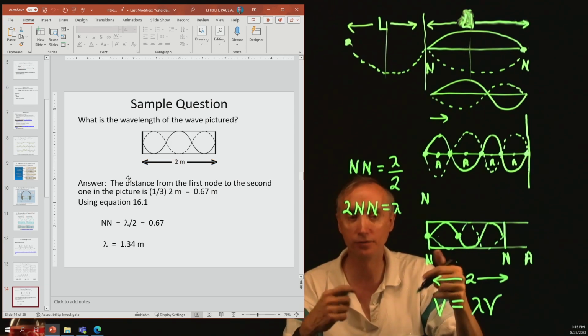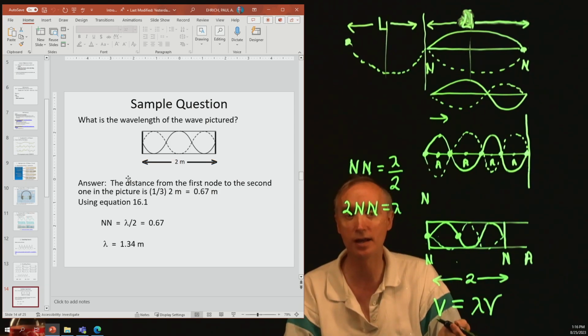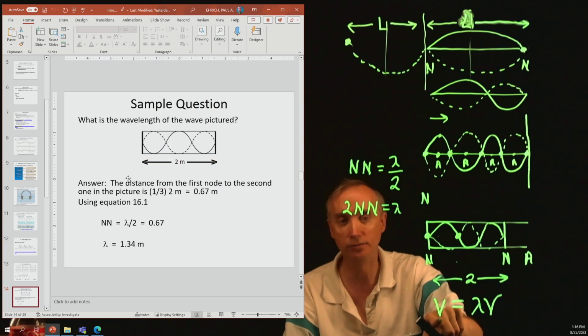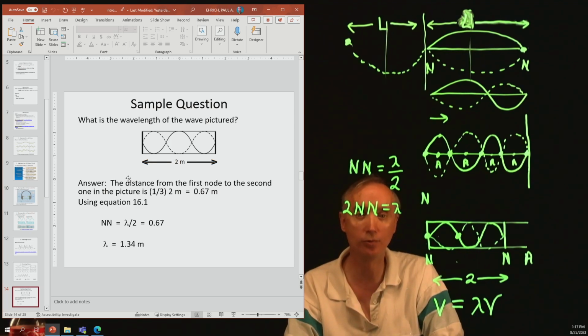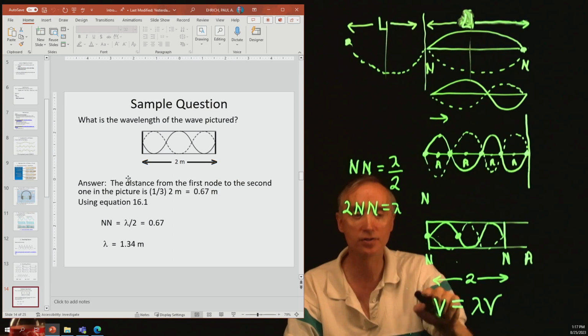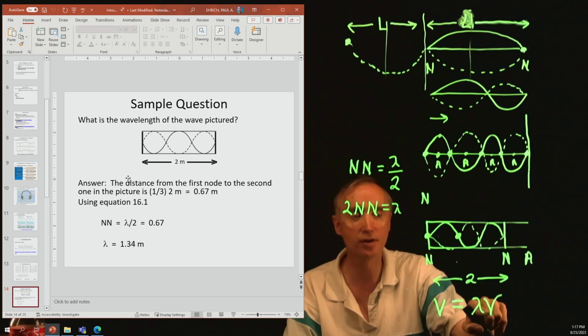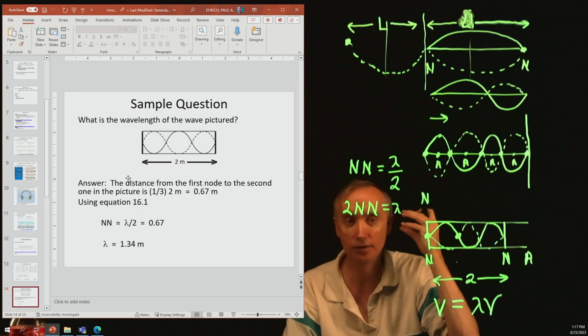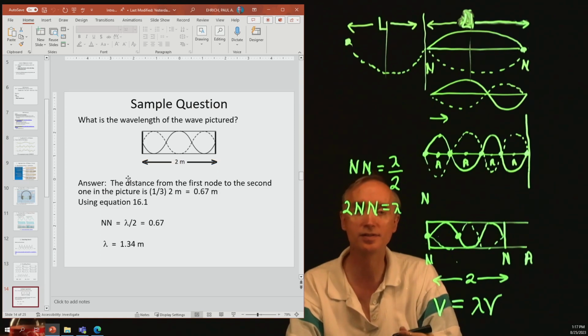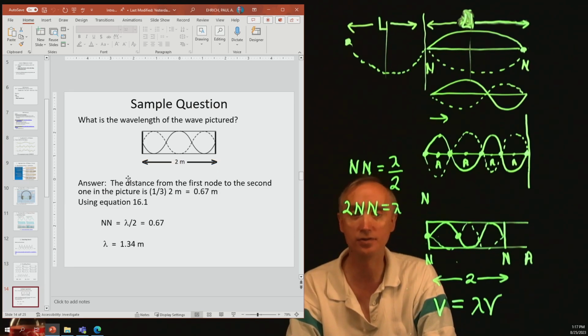It's like 340 meters per second. So you know the V and you know the wavelength. You just calculated the wavelength was 1.34 meters. So now you can take those two numbers, put it into this, and solve it for the frequency, and that's going to be the frequency of the sound that your ear is going to hear.